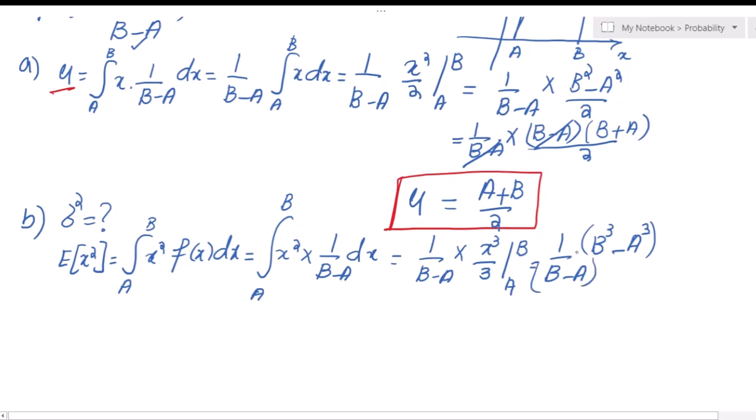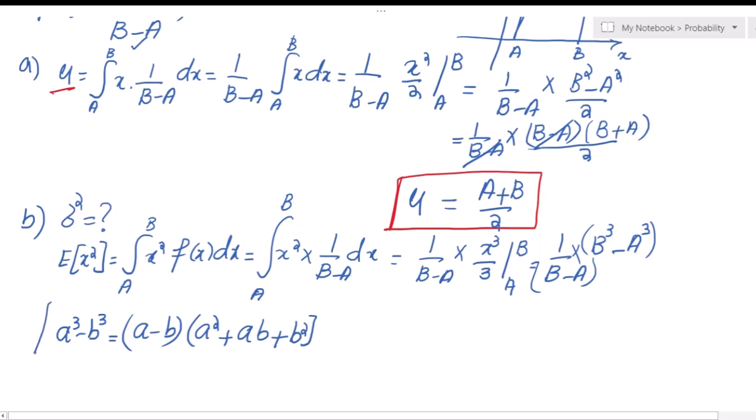Now we know that according to the formula, if we have a cube minus b cube, it can be written as (a minus b)(a square plus ab plus b square).